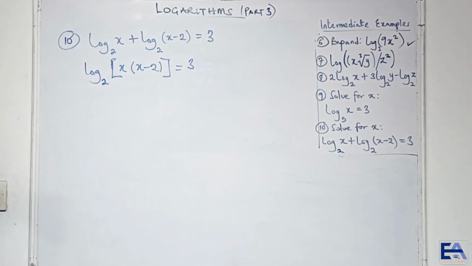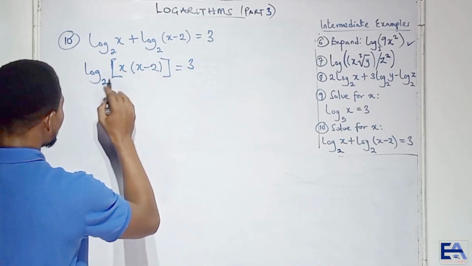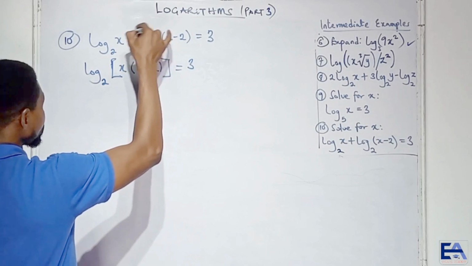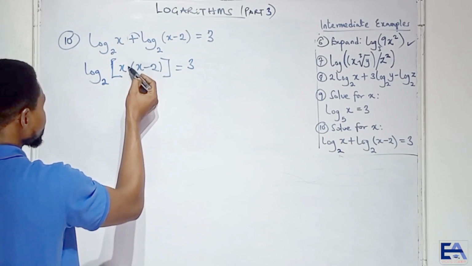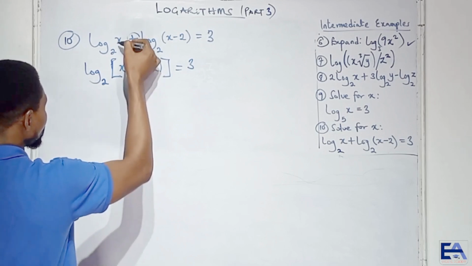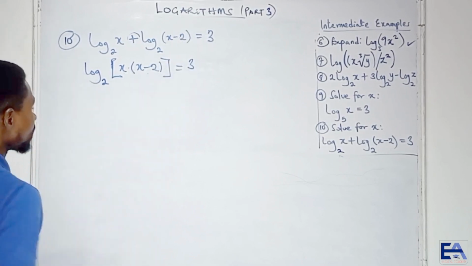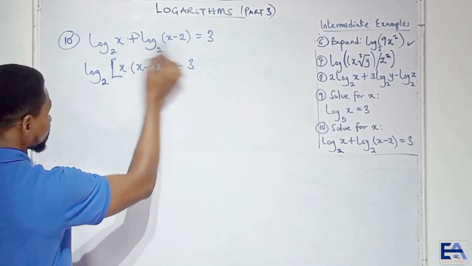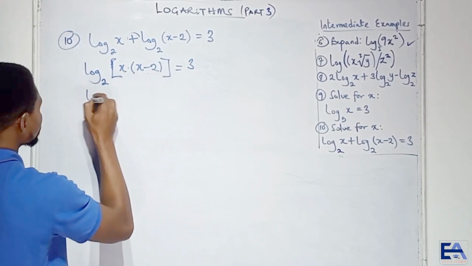Knowing fully well that since this one is plus, that's the reason why we use multiplication. This x here, and then this x minus 2 here. I have to separate it with brackets to show that there are 2 different entities multiplying each other.